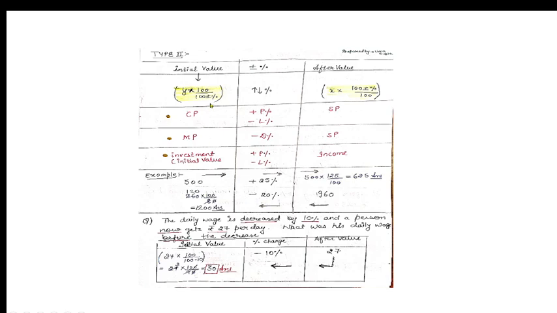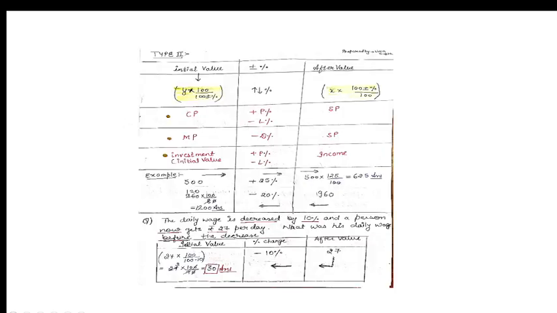So we apply this one, that is y into 100 upon 100 plus minus percent. Here y is 960 into 100 upon 100 minus 20. Why do we subtract? Because there is a decrease in the percentage. So 100 minus 20 is 80, and when we solve it we get the value as 1200.